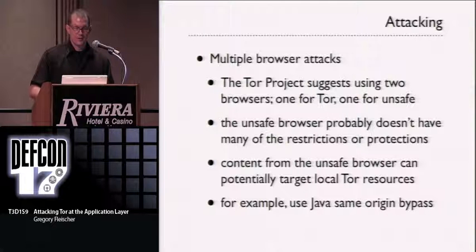So these unsafe browsers can use vulnerabilities in plugins that you may have installed in these other browsers. There have been numerous discoveries of, for example, Java same origin bypasses, and using this, you can attempt to create raw socket connections. Let's say, for example, that you have a same origin bypass in your Internet Explorer, and it creates a socket connection and says, "Oh, well, I'm going to make a request through your Tor client." You have Tor running.